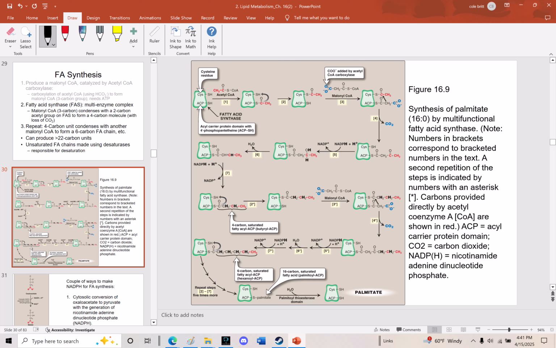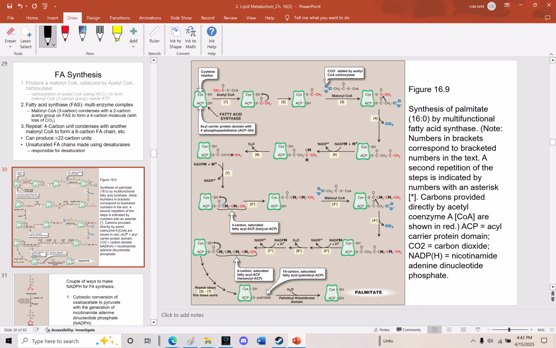It's going to add another malonyl-CoA, which is a 3-carbon, and it's going to take that. So again, fatty acid synthase is doing this, and we had originally a 4-carbon, 2, 3, 4, and now we're going to add 2 more carbons to this, and so we now have a 6-carbon, and we lose just another carbon dioxide.